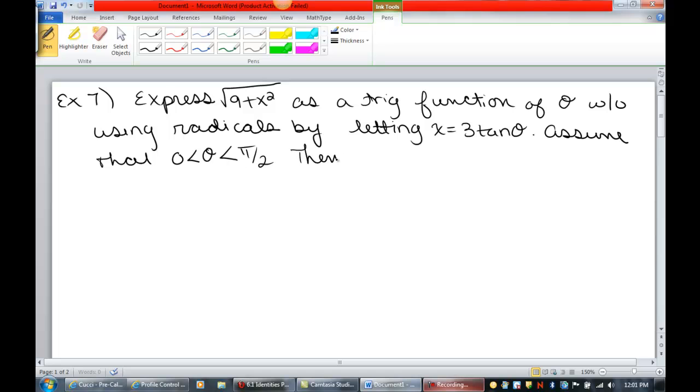And then we're going to find cosine theta and sine theta. Okay. All right, so we have to do our substitution. So we're going to start by doing that. So again, we're substituting 3 tangent theta in for x.